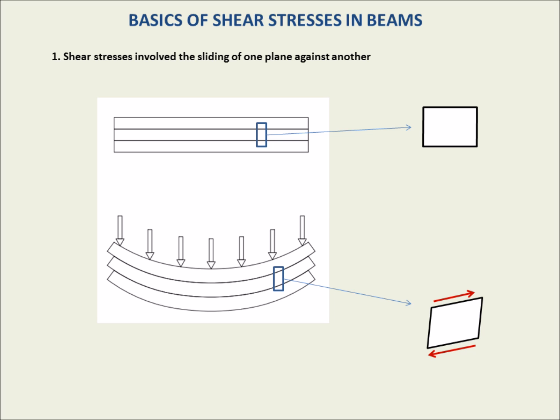Now, we notice that this representation here of a force on the top and the bottom form a force couple that cause a clockwise rotation of this. Static equilibrium does not allow that. We're going to need to have another set of forces on the sides that cause a counterclockwise rotation that keep this system in static equilibrium.